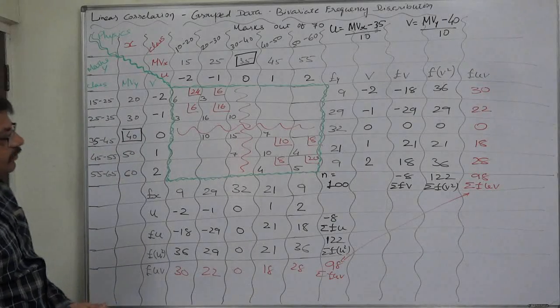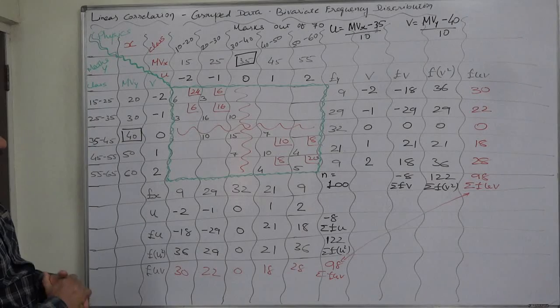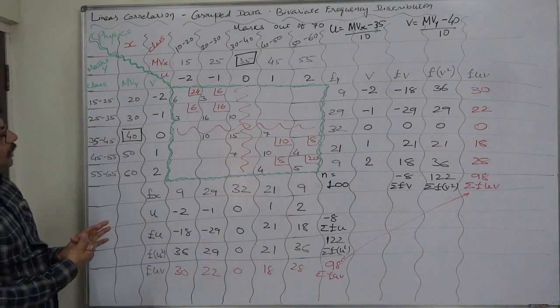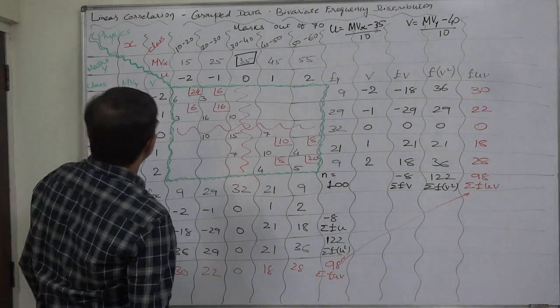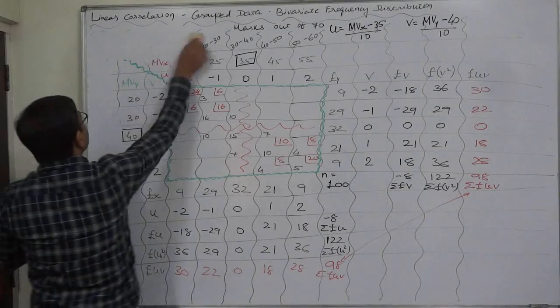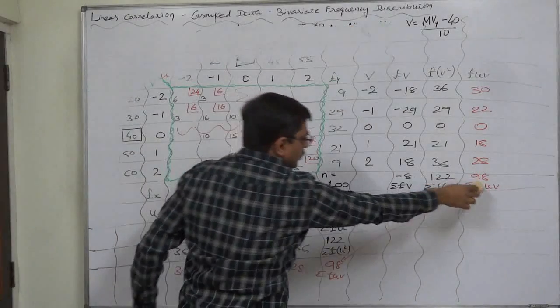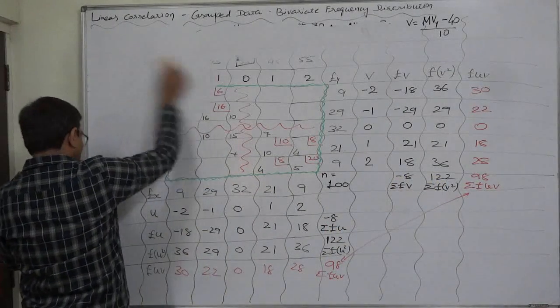Now we have the main summations with us, so we can calculate the coefficient of correlation. I hope you can understand the thing very well. Let us calculate the coefficient of correlation, for which we need all these summations, 1, 2, 3, 4, 5, 6, all 6 summations rather.